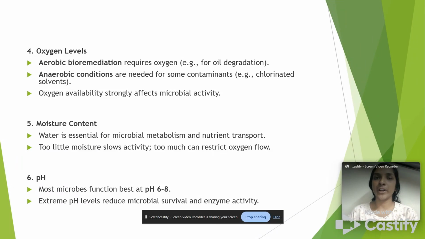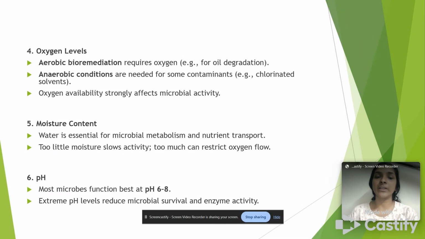Next, we have the moisture content. Water is essential for microbial metabolism and nutrient transport. Too little slows the activity, and at the same time, too much can also restrict oxygen flow. Next is the pH. Most microbes work best at pH 6 to 8.